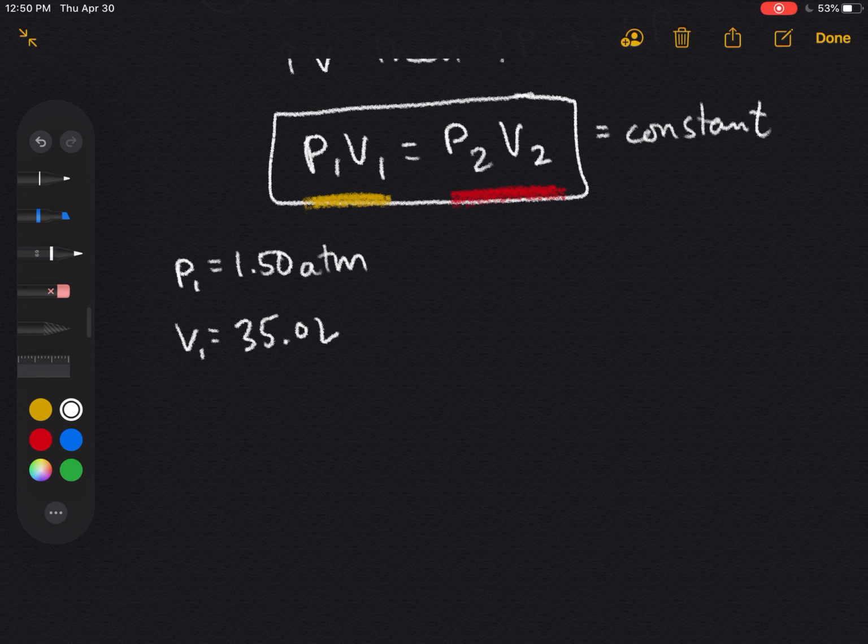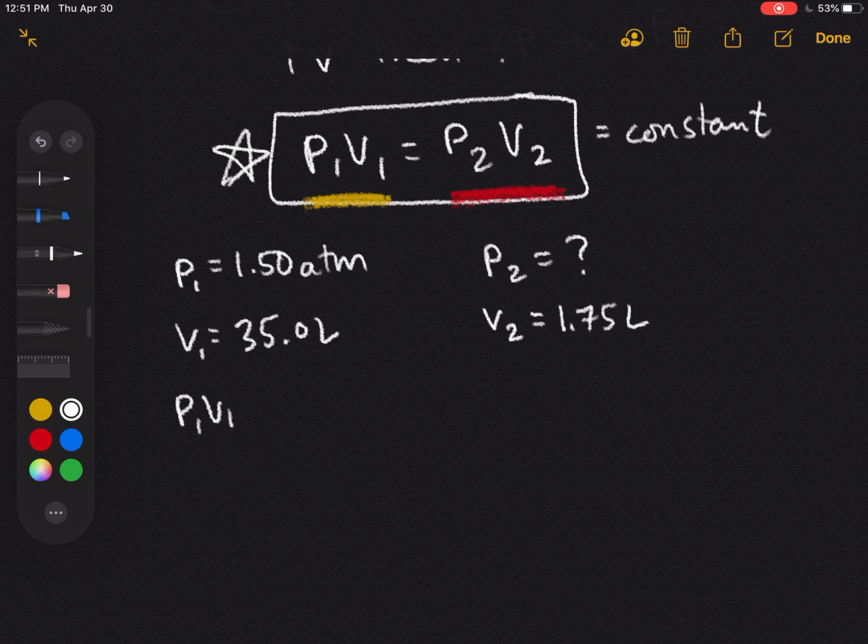And then let's say that we compress this to a volume of 1.75 liters. And we want to know what is the pressure now. So we can use this right here, Boyle's law, to calculate that pressure. I'm going to set it up and do the algebra first, and then we'll plug the numbers in.